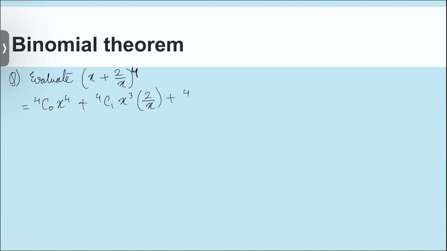Then the next one, you have 4C2, x squared, 4 by x squared, because 2 by x the whole squared gives 4 on x squared. Next one is 4C3, 8 by x cubed, because your r over here is cubed, and then you have plus 4C4, 16 by x raised to 4.